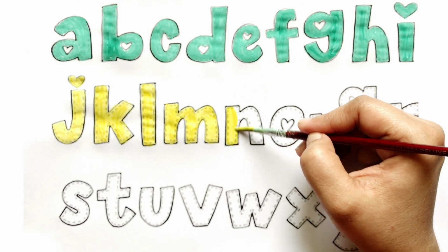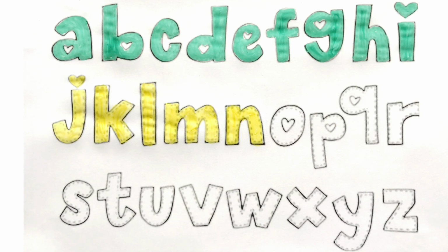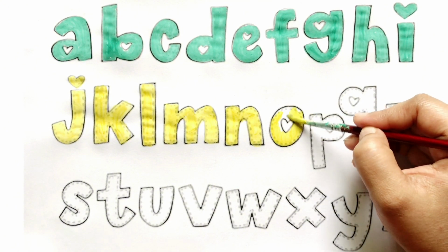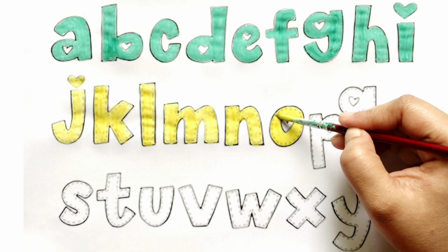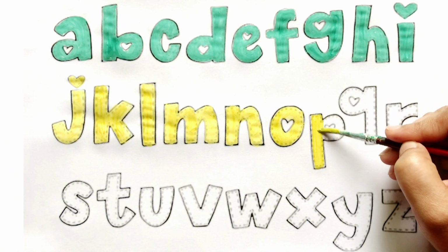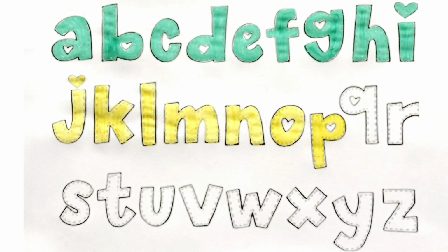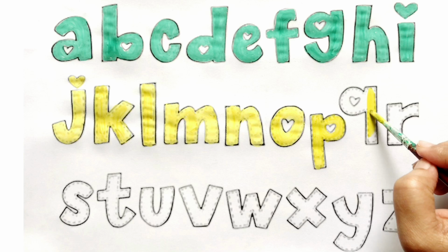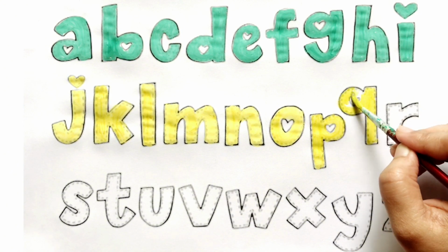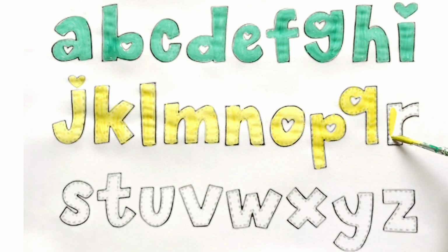N for nose. O for octopus. P for pig. Q for coin. R for rainbow.